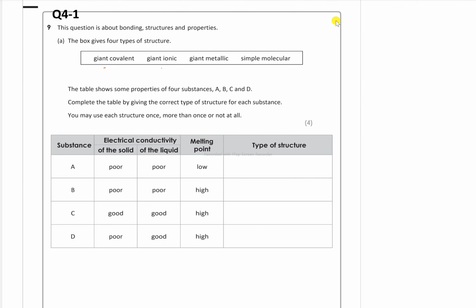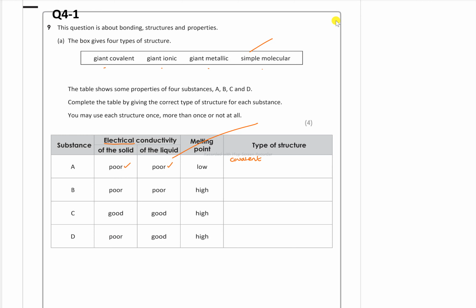You've got giant covalent, giant ionic, giant metallic, and simple molecular. Right, what we've got here is substance A, the electrical conductivity. When it's a solid, it's poor. When it's a liquid, it's poor. So that tells you straight away it's covalent.